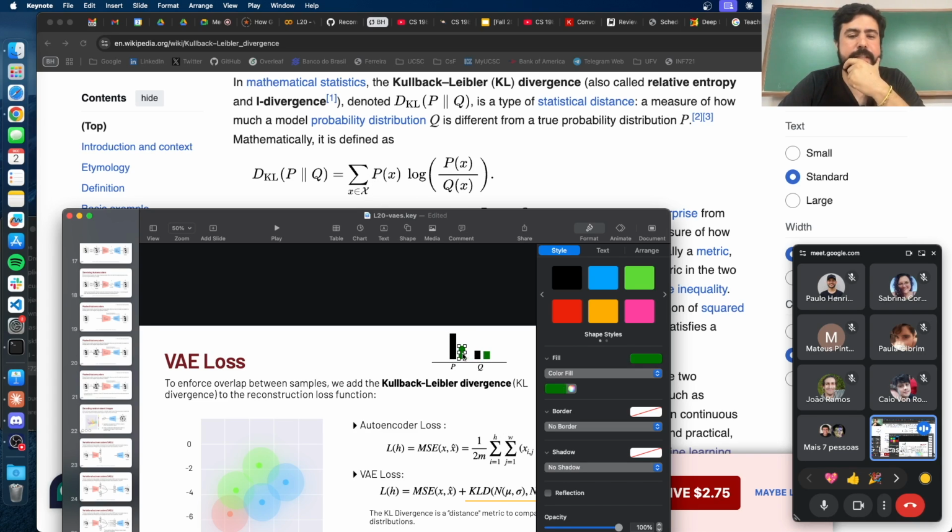And then I do this for the second outcome, which is 1, right? Now P of x is this for 1, and Q of x is this value. I divide one by the other, take the log, and multiply by this value. Sum it with the previous one we got, and this is going to give you one scalar, one value, that is the distance between these two distributions. Okay.